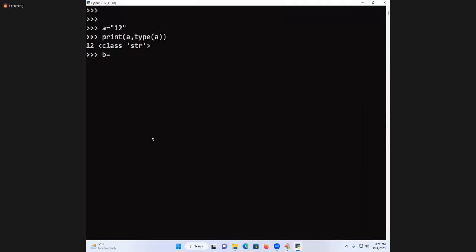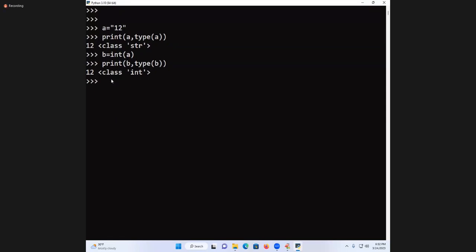B is equal to int of A. The int function will see this string data; if only numbers are there without decimal places, it will happily convert into int type. Print of B. It prints 12.